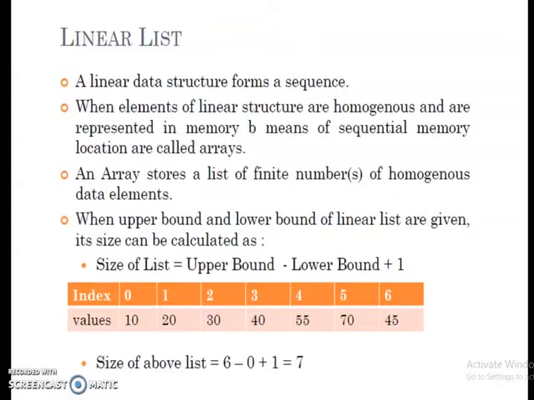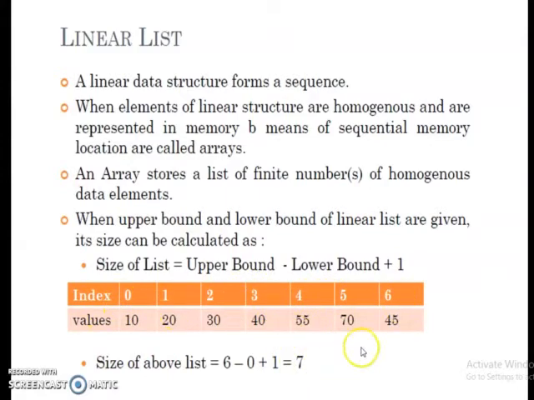The next one: when the upper bound and lower bound of a linear list are given, then the size can be calculated as size of list equals upper bound minus lower bound plus 1. Here we have one example. Seven elements are given, 1, 2, 3, 4, 5, 6, 7, and the memory locations will be 0, 1, 2, 3, 4, 5, 6.